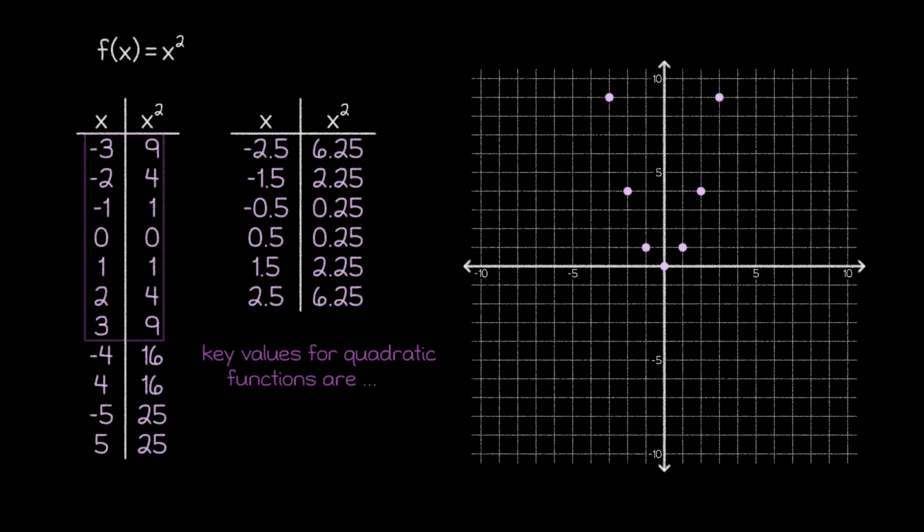We do have to be slightly careful around the vertex area and remember that the vertex area should be a smooth curve rather than a sharp corner. But as long as we remember that, these 7 points should be enough to give us a good picture of the graph. Therefore, our key values for quadratic functions will be the integers from -3 to 3, the same as they were for absolute value functions.